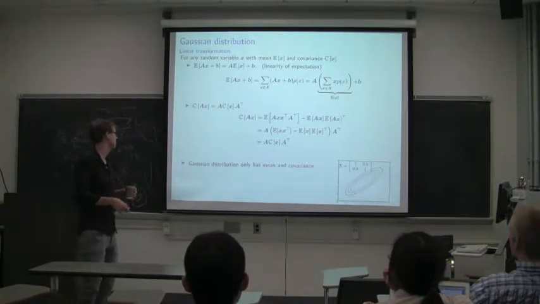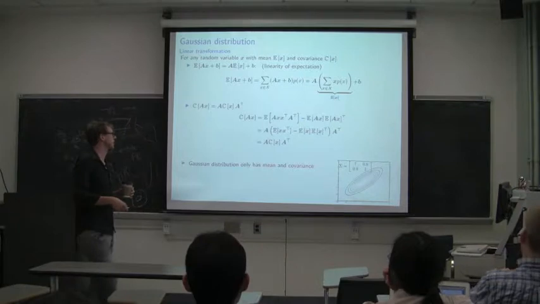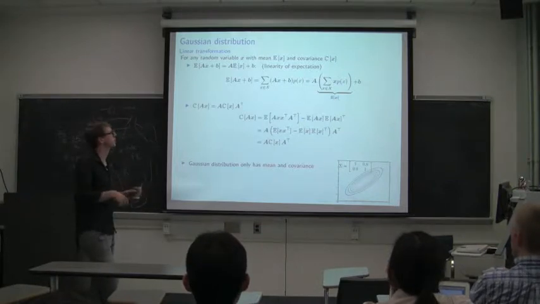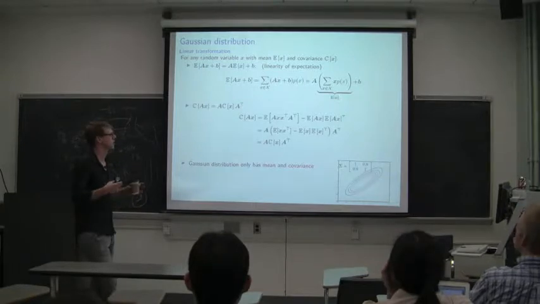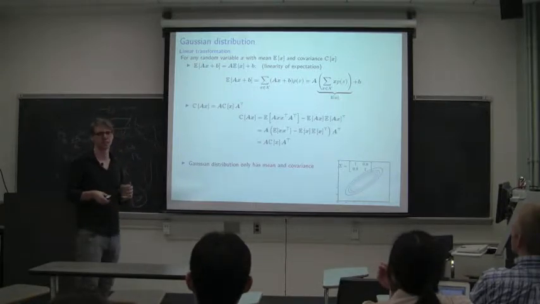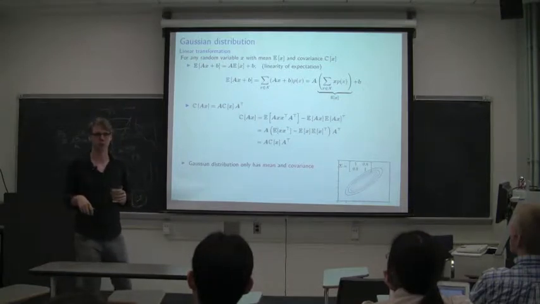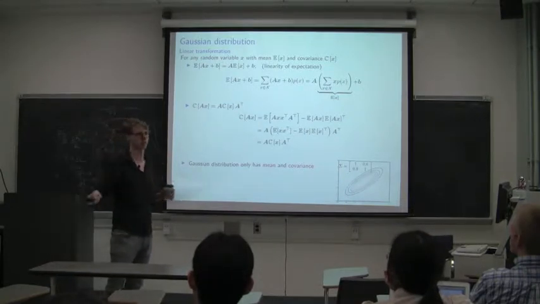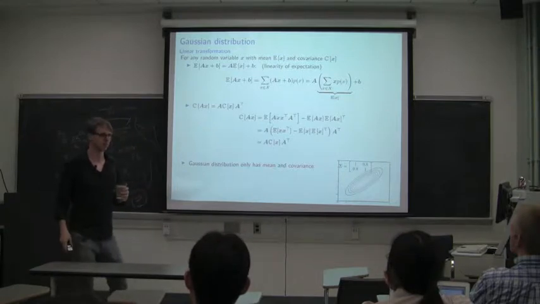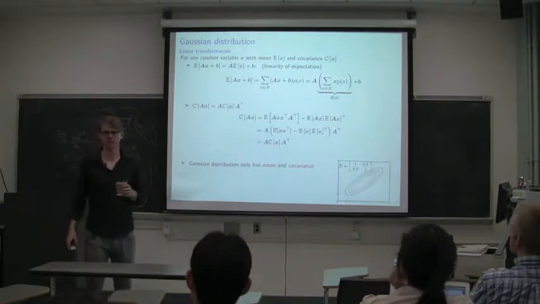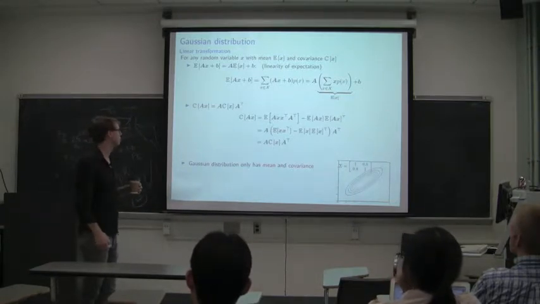That's nice, because Gaussians only consist of mean and covariance. Once we can write down the mean and covariance of a Gaussian, we have all that we need to know about the distribution, because we can just look up the normalization constant and everything from the formula.